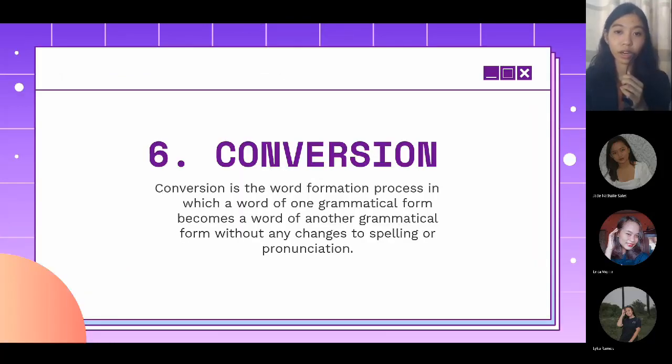Next is conversion. Conversion is the word formation process in which a word of one grammatical form becomes a word of another grammatical form without any changes to spelling or pronunciation. For example, the noun email in English before the verb.